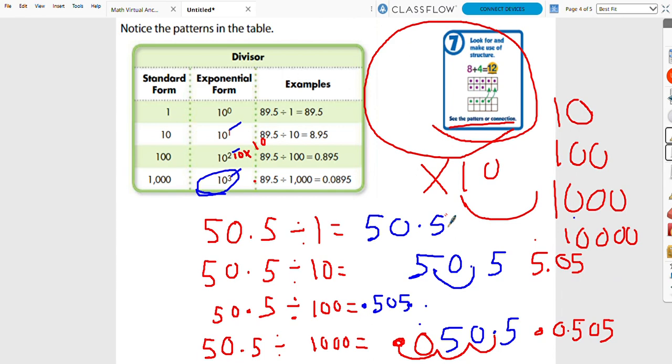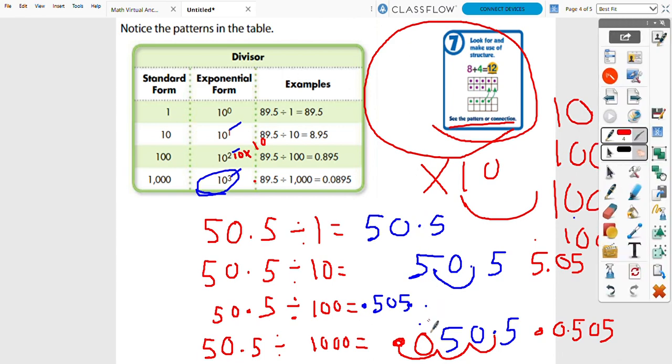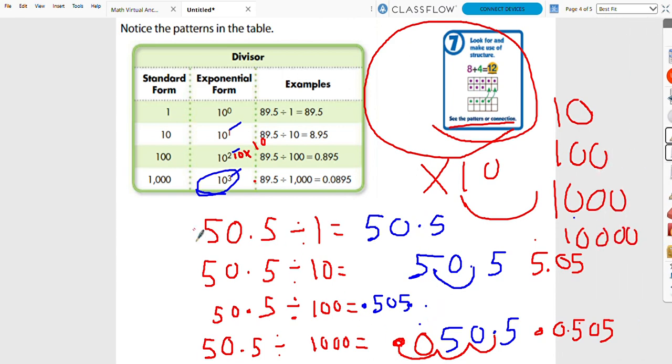You're just doing this by moving the decimal point to the left, and that's the same concept. Instead of going larger by multiples of 10, you're going smaller by multiples of 10. Each of these pieces are getting tinier and tinier. If your candy bar was 50 feet long, you divide it by one person, you'd have 50 feet.